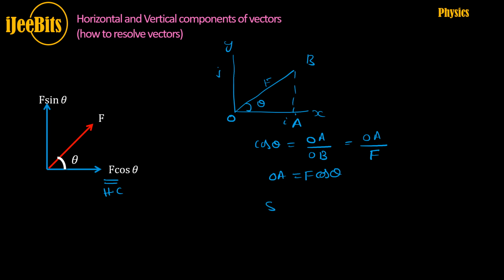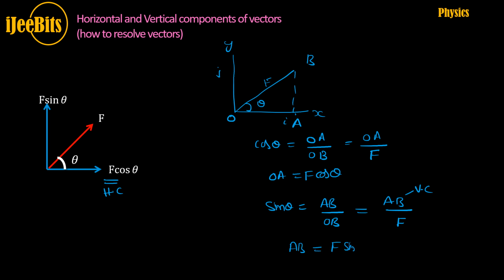So let's look at sin theta. Sin theta equals what? Opposite side AB by hypotenuse OB. AB is our vertical component, and OB is the hypotenuse. So AB equals F sin theta.